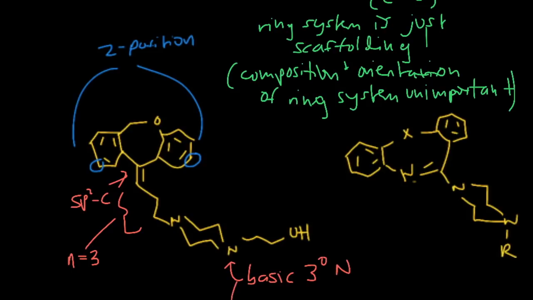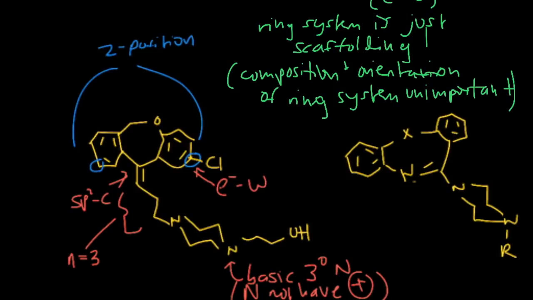Remember, basic meaning N does not have a positive charge. Your electron withdrawing group, there's your chlorine, at the 2 position. That's why I said 2 position, because that is a 2 position. Same basic requirements.